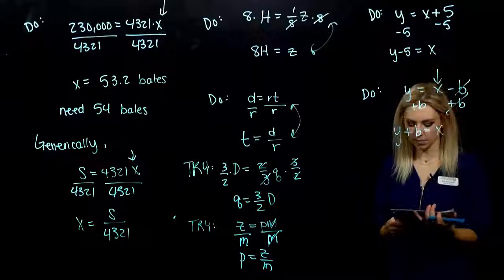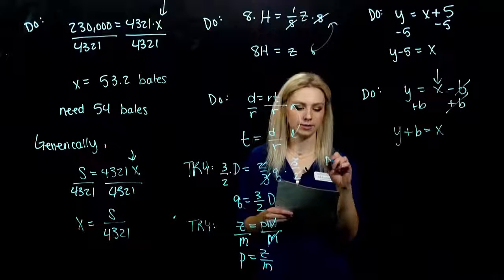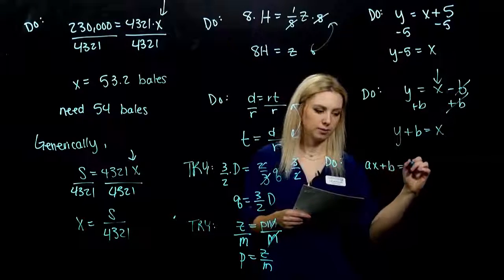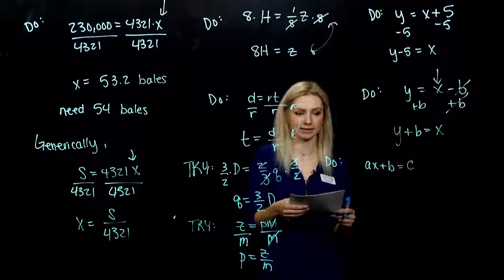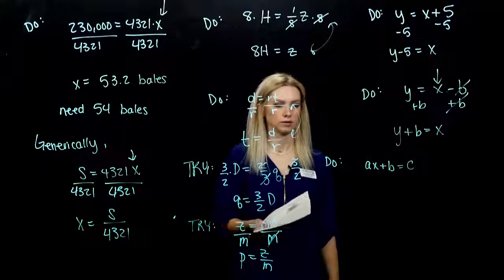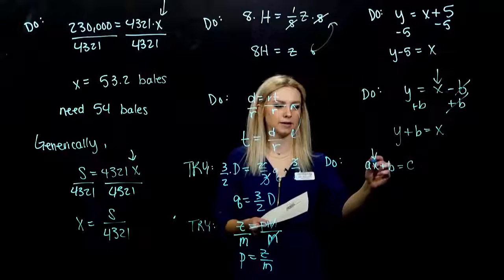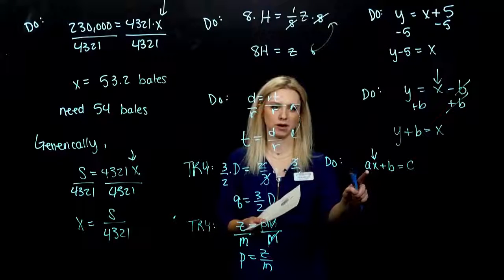You might even have some cases where you have to combine both steps. So next, I have ax plus b equals c. I want to solve that for x. So in this problem, what has to be taken care of first? If I'm trying to get x on its own, I need to have that term isolated before I can take care of a.